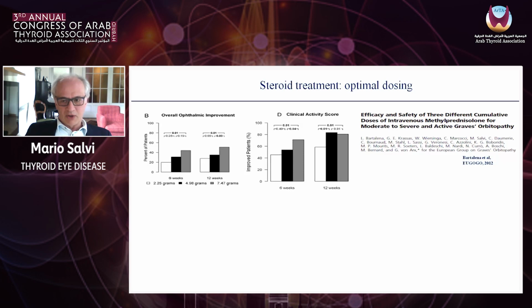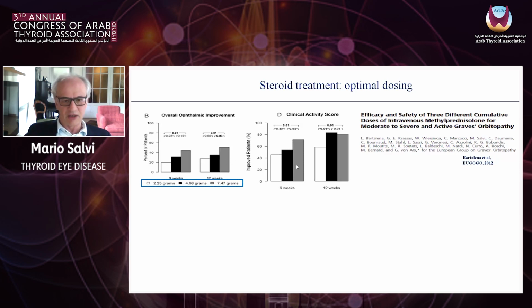When we talk about steroids, the dosage of steroids was optimized in the multi-center trial of Ugogo about 10, 12 years ago, published in 2012. Here, the patients were treated with 3 different doses of steroids, and both the effect on inactivation of disease and on overall ophthalmic improvement was assessed.